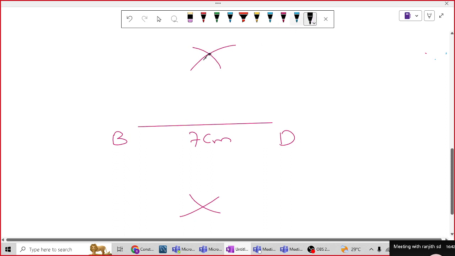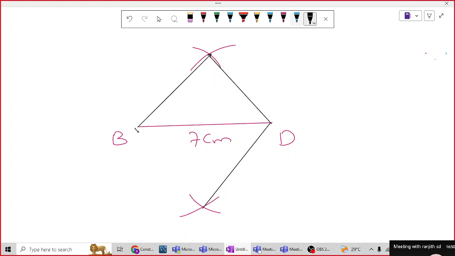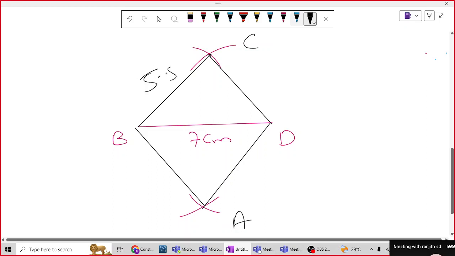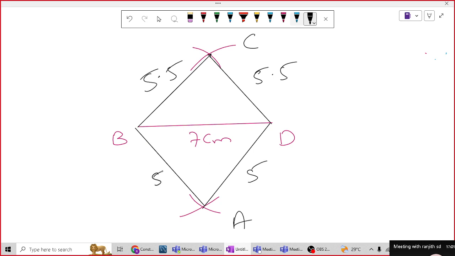Then join all 4 points, like this. Yeah, this is the exact diagram. At the top we have C, at the bottom A, right? 5.5 down, both the sides 5. This is a complete diagram, a quadrilateral.